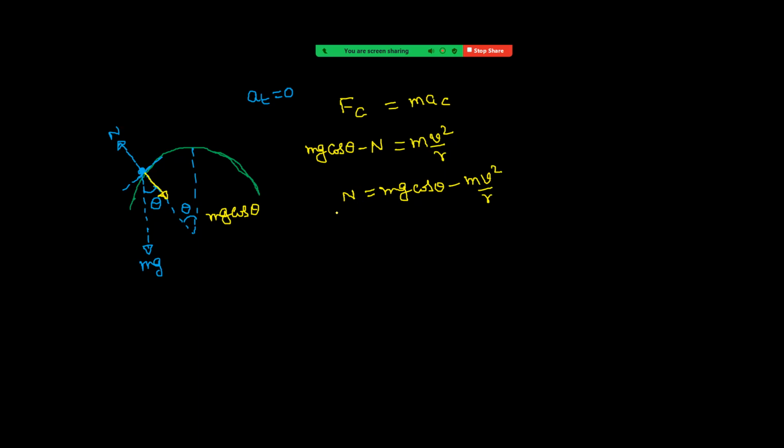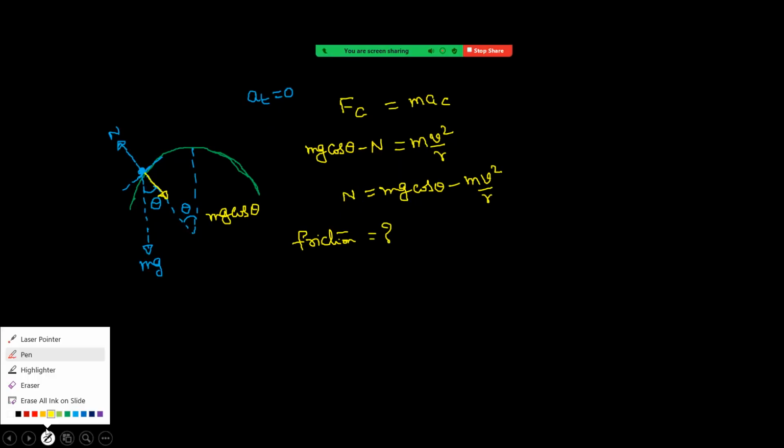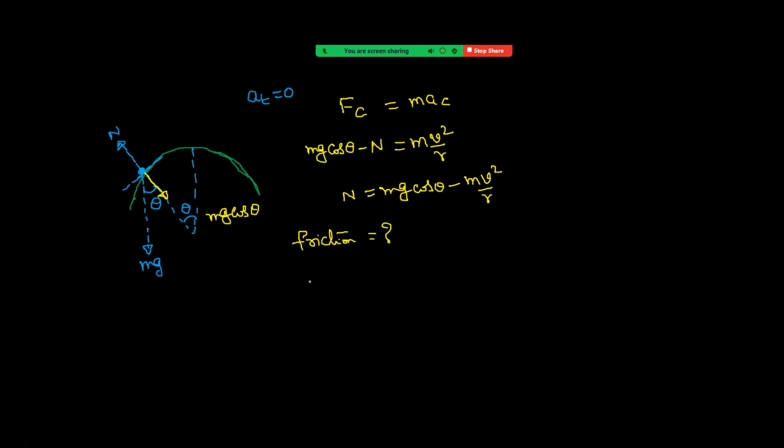Suppose the question is asked: find the frictional force at that instant. See what we can do. We have the condition that tangential acceleration is 0. Its meaning is tangential force equals 0.